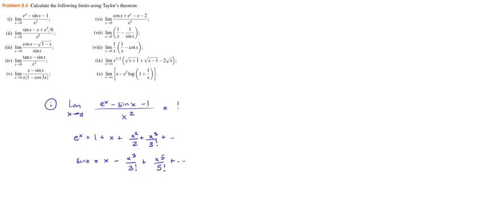This is the limit when x goes to 0, and e to the x is 1 plus x plus x squared divided by 2 plus small o of x squared. Then we have minus the sine, which is minus x, and everything else is small o of x squared, minus 1, and then we have x squared.